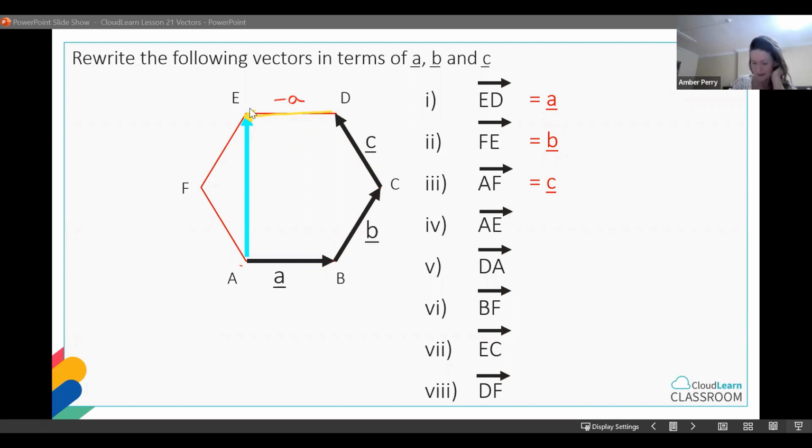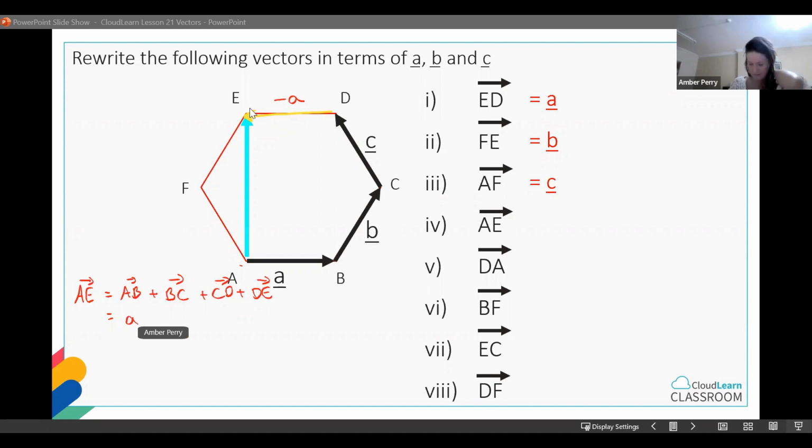So I can say that AE, and I'm going to write this out for you like you would do in an exam, is equal to AB plus BC plus CD plus DE. So it's quite a lot going on there. Don't forget the arrows on all of them if you're writing this in an exam, okay. And then you could write out what the vectors are.